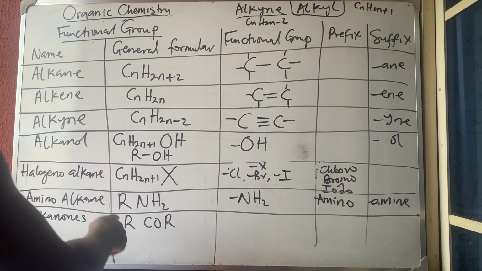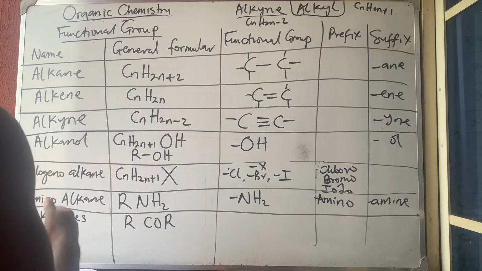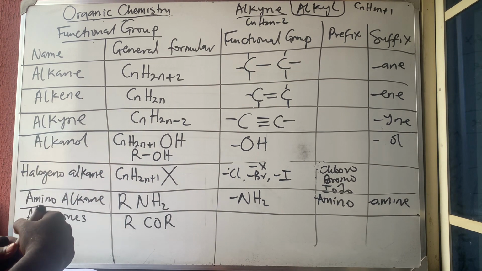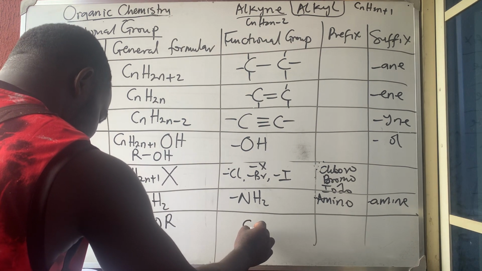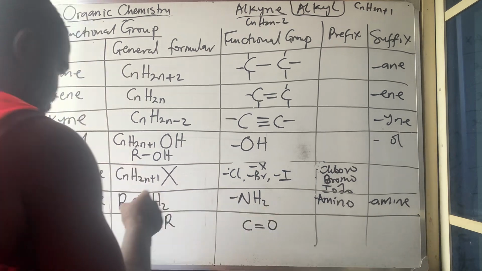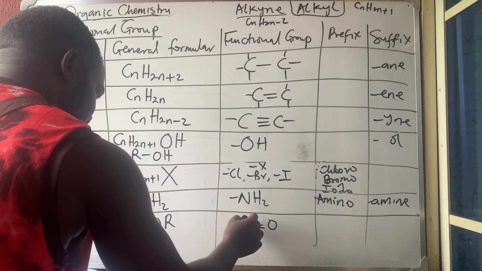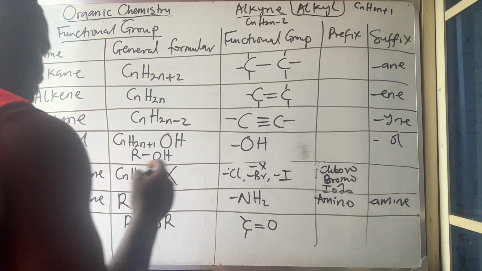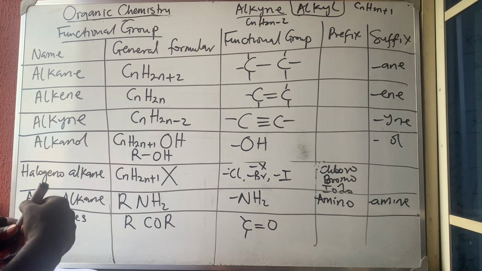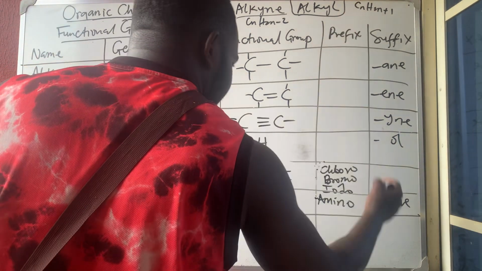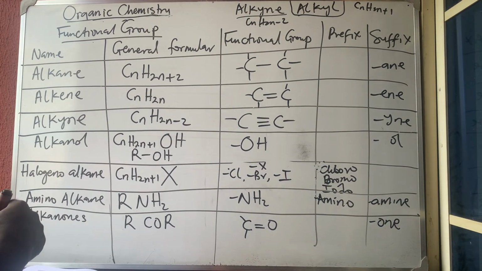Anytime you have RCOR, they are called the alkanones. The functional group is C double bond O, with R attached on both sides. In the parent name it is used as "one", spelled O-N-E.